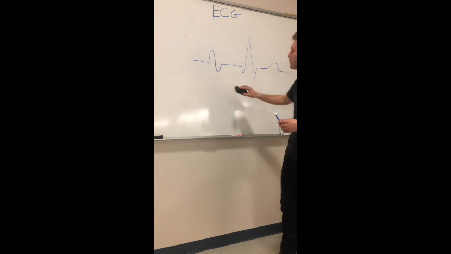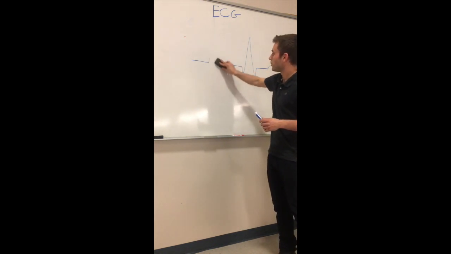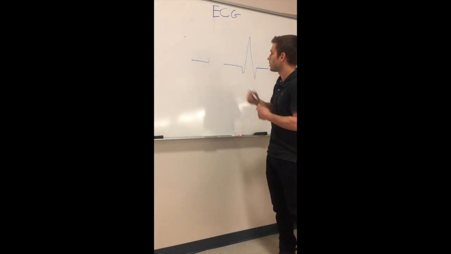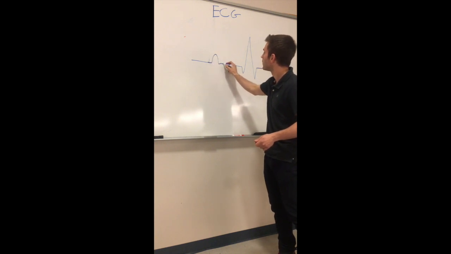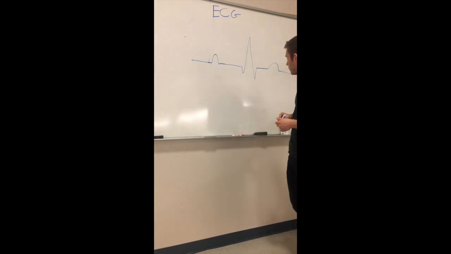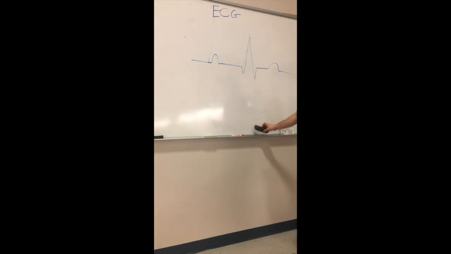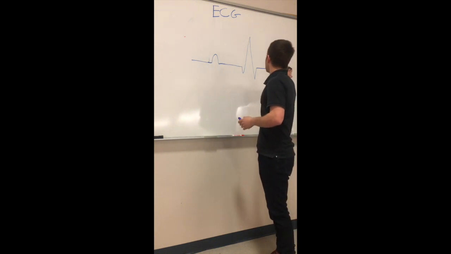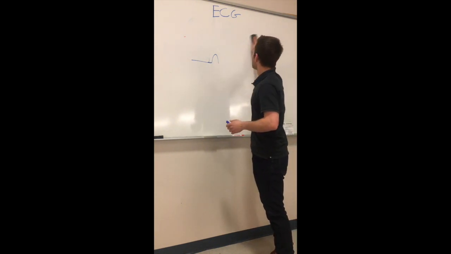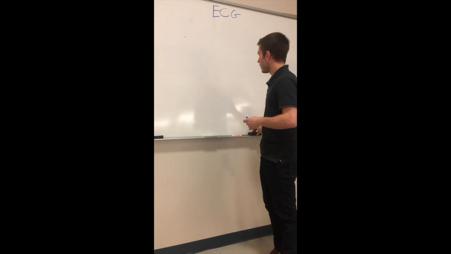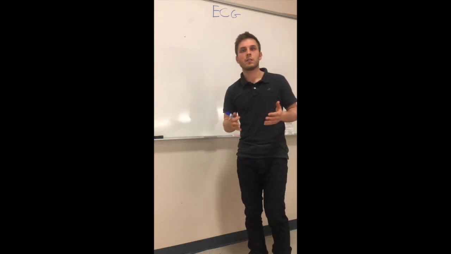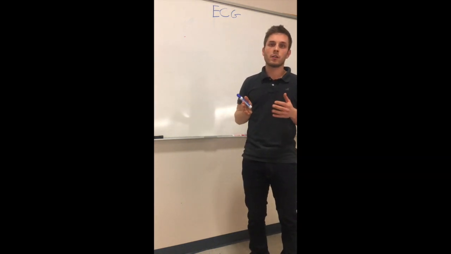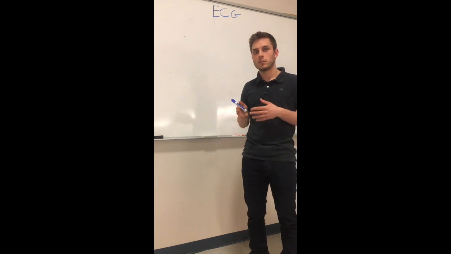So for ventricular hypertrophy, it's a little bit different. In this case, you want to use the chest leads, so you want to use V1 through V6, and you want to look and see whether the progression of those QRS complexes is increasing.